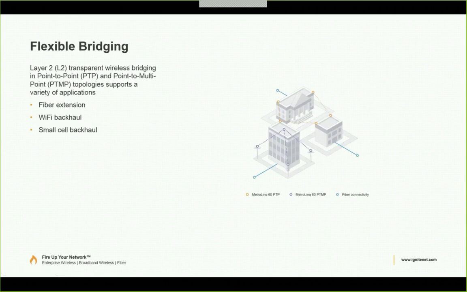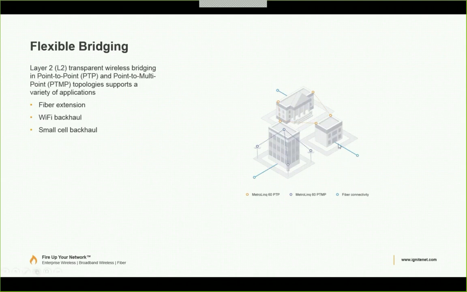So now I'm going to talk a little bit about flexible bridging and the applications, just a brief introduction here. So MetroLinq is typically deployed in point-to-point and point-to-multipoint, as you can see in these pictures. Now, these topologies provide layer 2 transparent wireless bridging, and this serves a variety of applications, such as fiber extension.